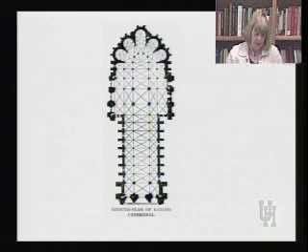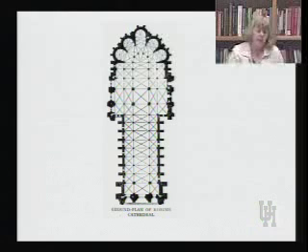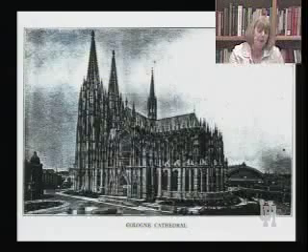If you can see on the top, it has chapels, a series of round chapels around the apse that people can walk around and see the individual chapels behind the altar. And so the floor plan is becoming more elaborate too.